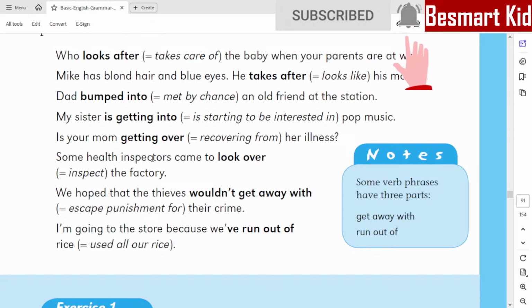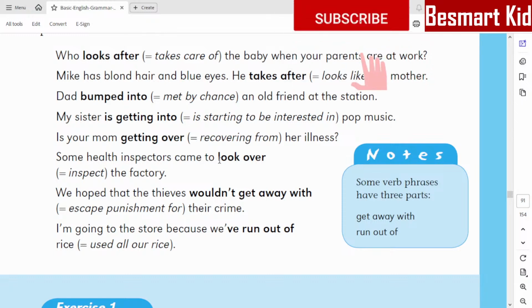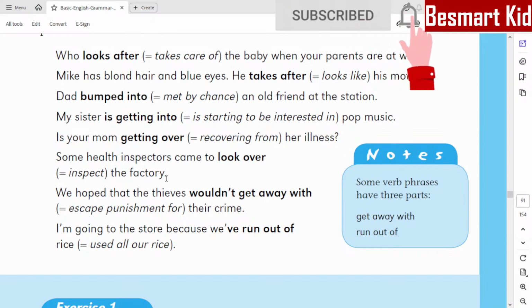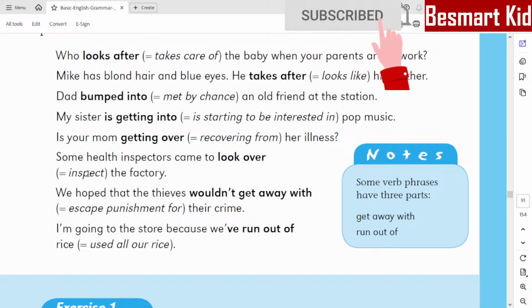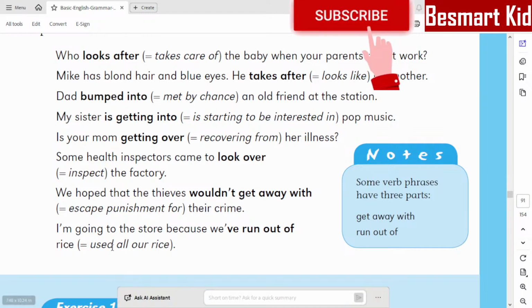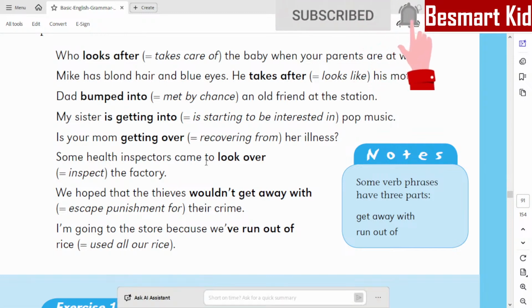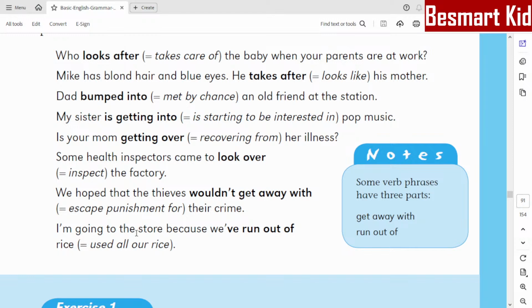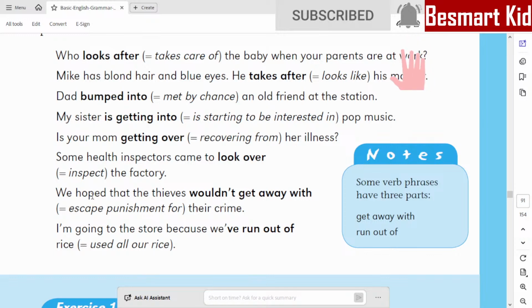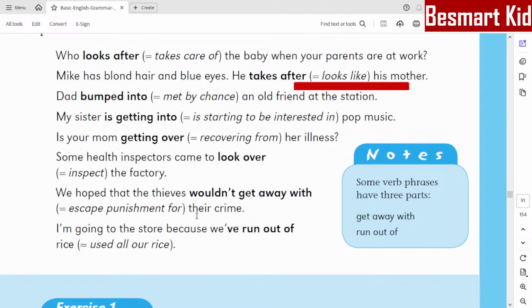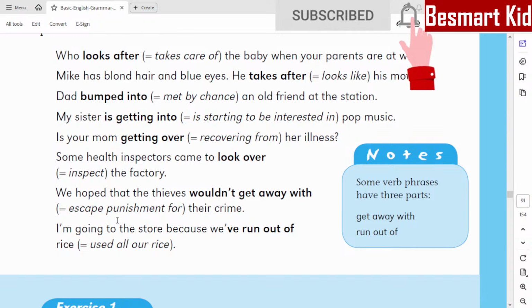Some health inspectors came to look over the factory. Here, look over it means inspect. We hoped that the thieves wouldn't get away with their crime. So here, get away with means escape punishment for.